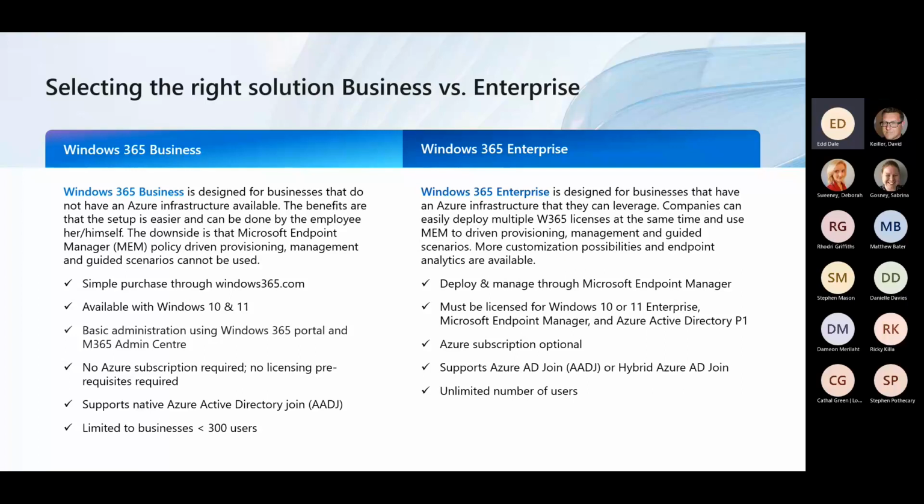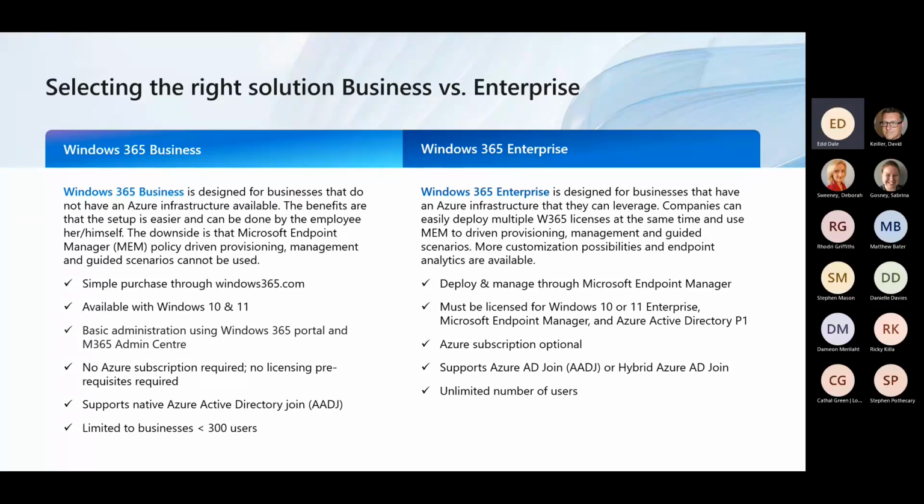That is effectively where you would be managing Windows 365 through Endpoint Manager. If you want to align Windows 365 to any cloud workloads within Azure, you absolutely can do that within Windows 365 Enterprise. It also supports things like Azure Active Directory join or hybrid Azure AD join as well. So a lot more of the enterprise capabilities that you would expect to find in things like E3 and E5, you will get in Windows 365 Enterprise.